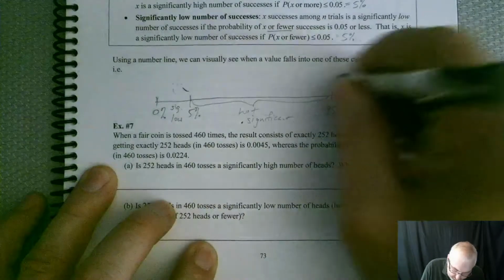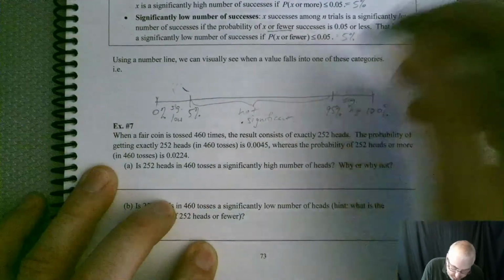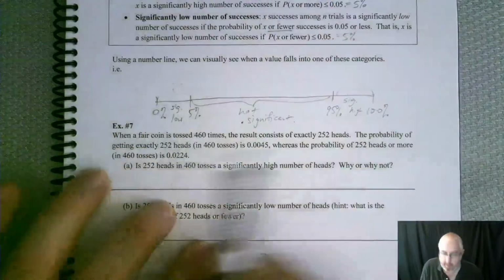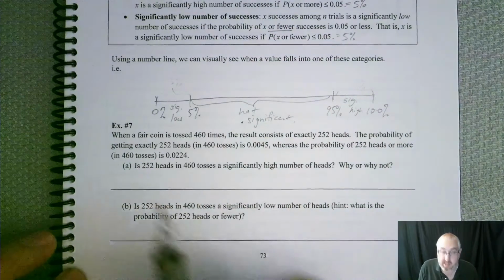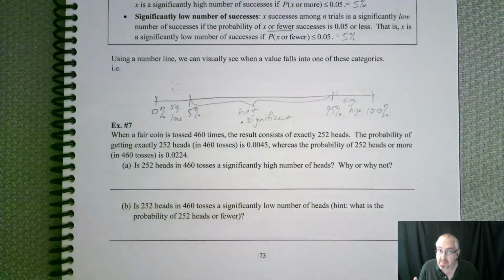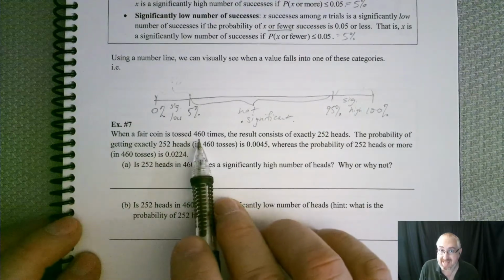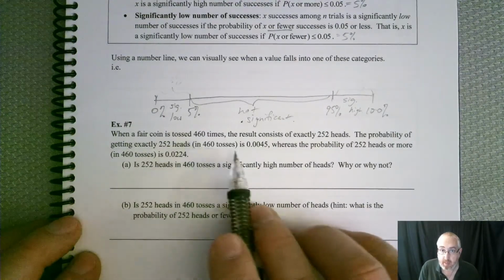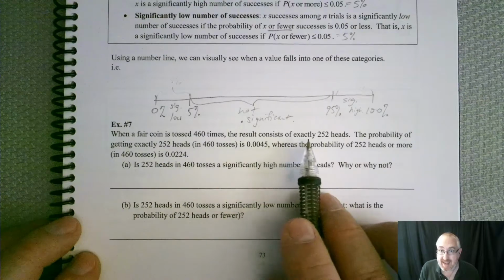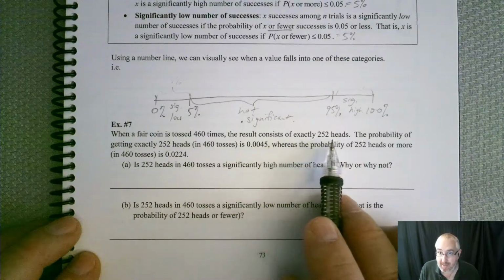Now I'm going to erase this because I'm going to use this number line for this next example. Okay, I'm going to put another number line up above it. So let's take a look at flipping a coin. That's a pretty simple concept. Let's flip a coin 460 times. And then the result consists of exactly 252 heads.